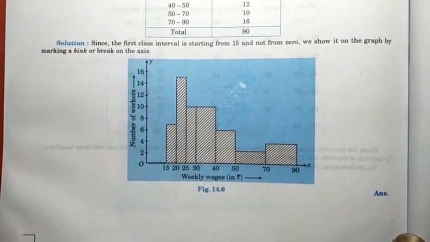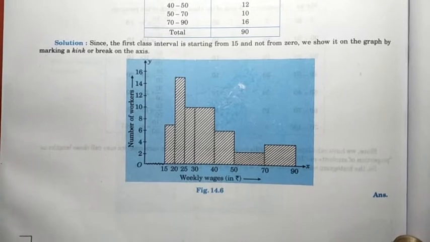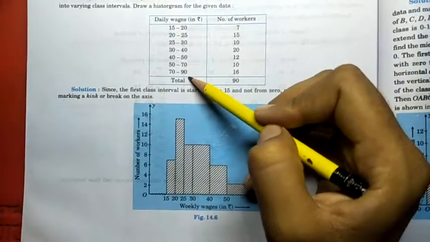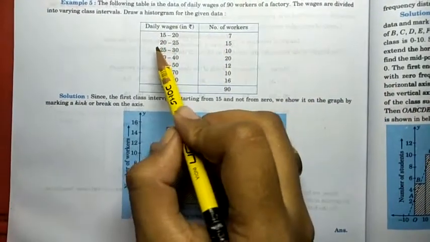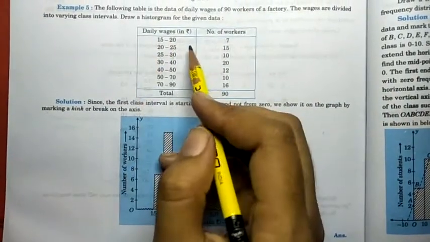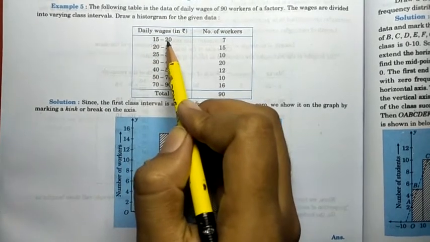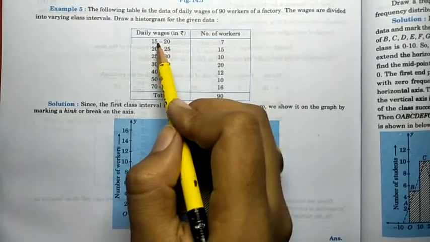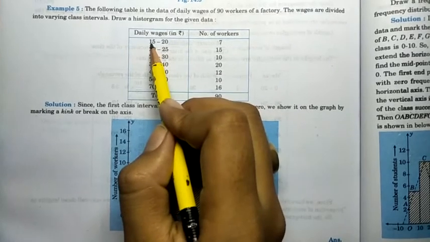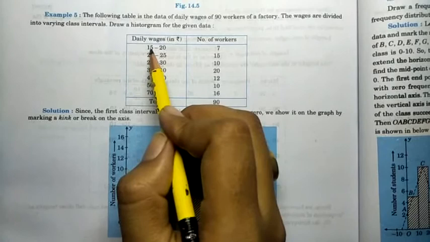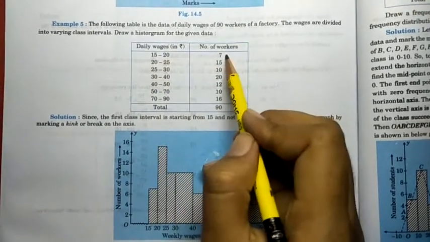Now we will come on to the histogram, that is how to draw the histogram. It's given here what should be the class interval in this: the number of workers by daily wages, it's from 15 to 20. How many workers are taking rupees between 15 to 20 is 7.